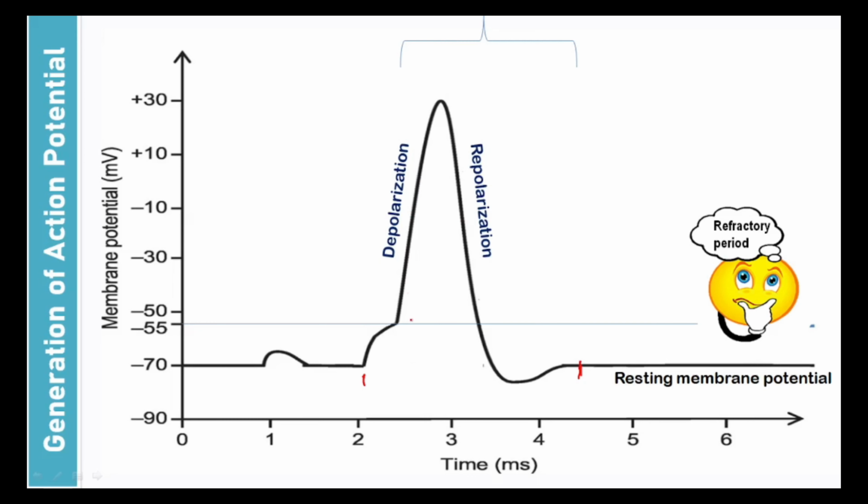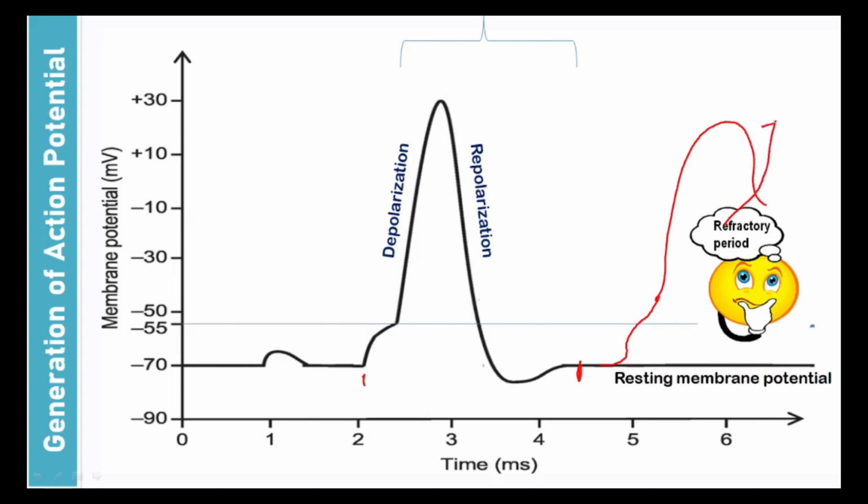So the refractory period is the stage in which, after one action potential starts generating, another stimulus cannot generate another action potential. It will come back to the resting membrane potential, and again from here another action potential will be generated.